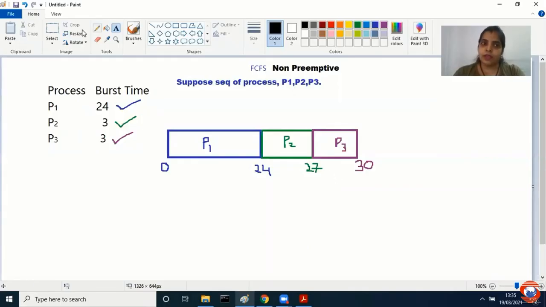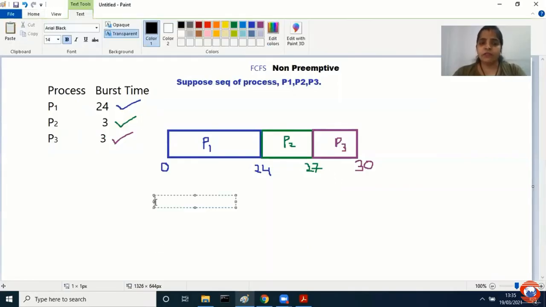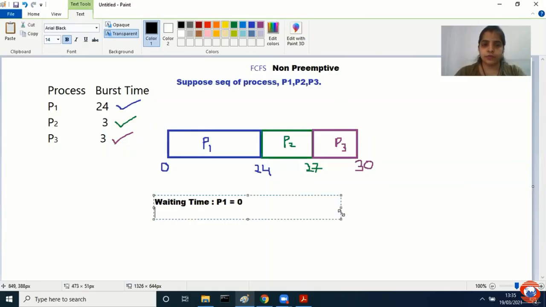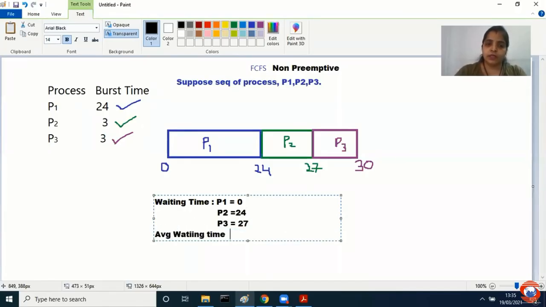Right. Now, first of all, I will try to calculate the waiting time. Waiting time for P1. P1 को कितना टाइम वेट करना पड़ा? Obviously 0. वेटिंग टाइम फॉर P2, उसको कितना वेट करना पड़ा? 24 तक. वेटिंग टाइम फॉर P3, उसको कितना वेट करना पड़ा? 27. If I want to calculate average waiting time, can I say it will be 0 plus 24 plus 27 divided by 3 because 3 processes हैं?